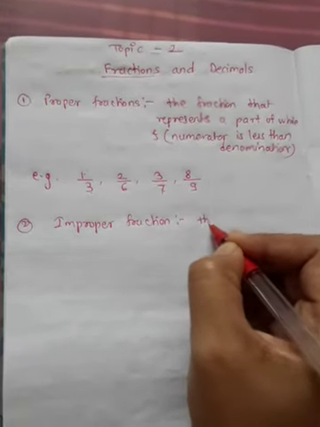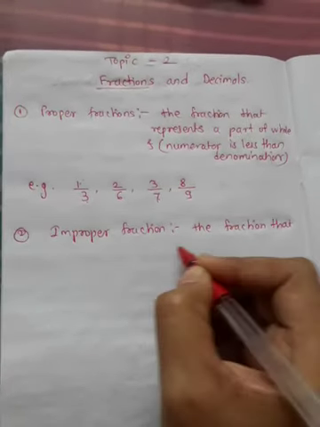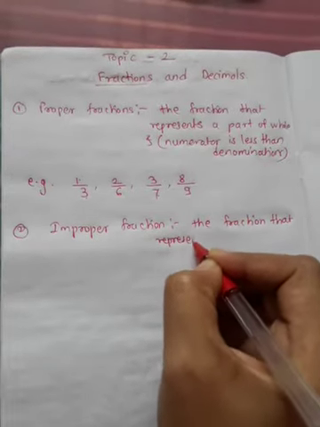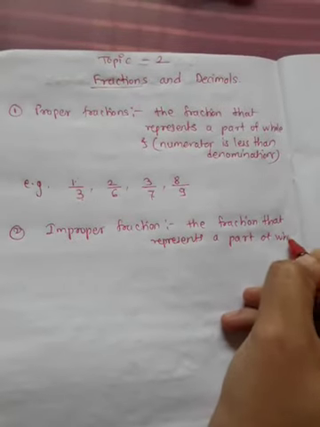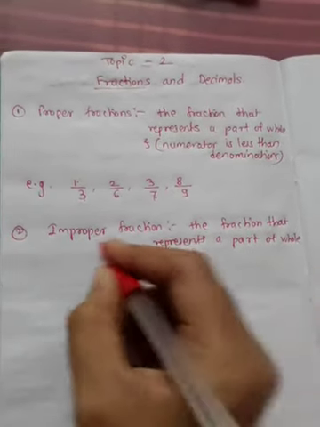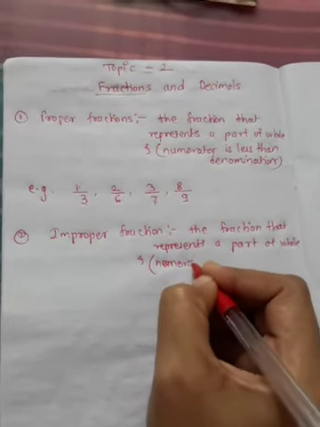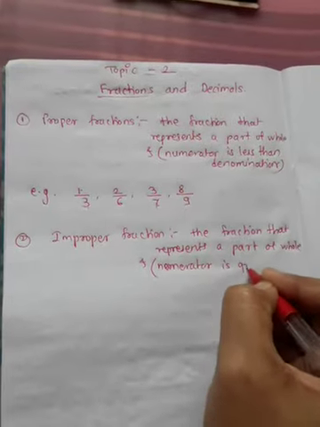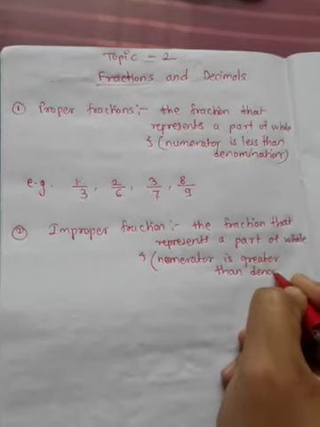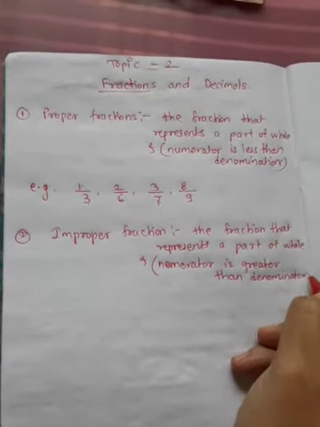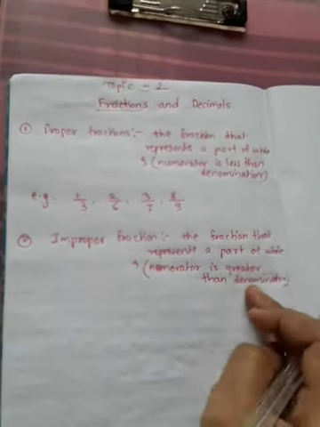The fraction that represents a part of whole, and numerator is greater than denominator. Improper fraction is the fraction in which numerator is greater than denominator.